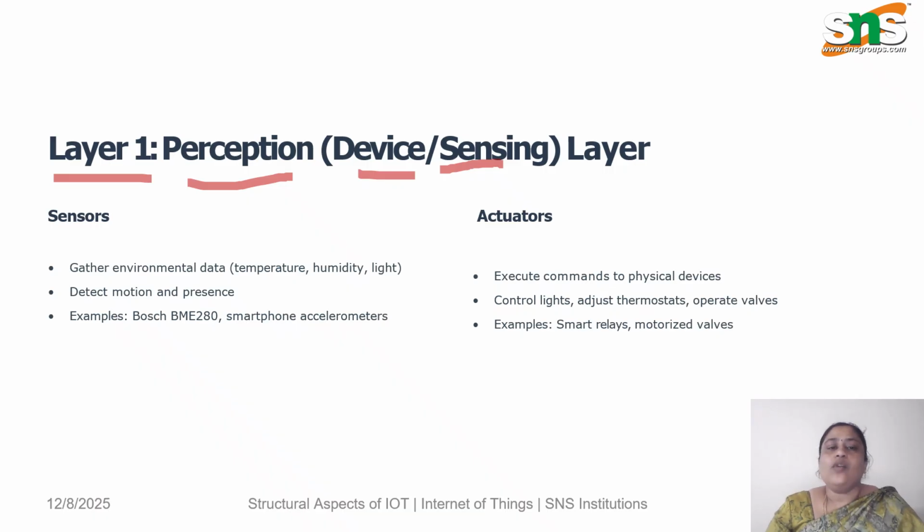This device layer or the perception layer is mainly based on two things, devices, that is the sensors and the actuators.